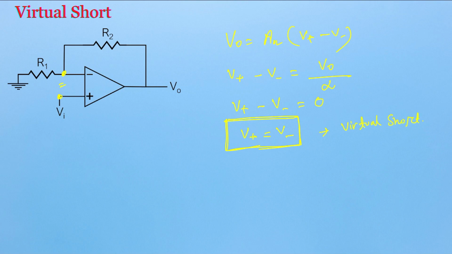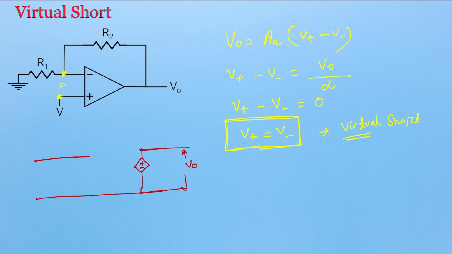short. Now you will ask why virtual. For that, we need to see the op-amp internal circuit. How does the op-amp internal circuit look? It looks like this type. This will be a dependent voltage source, plus minus.